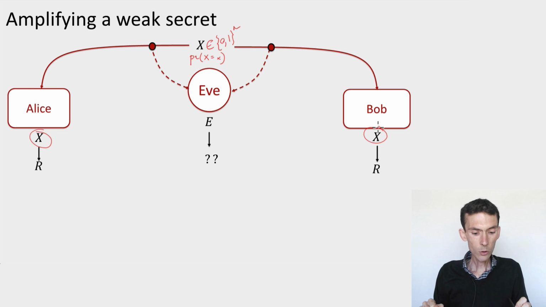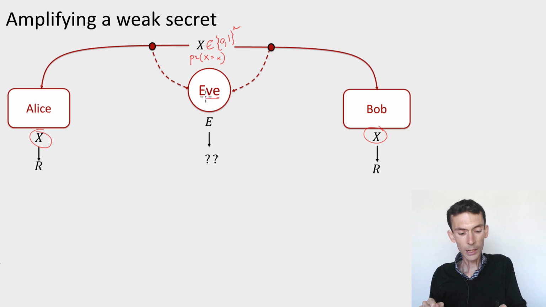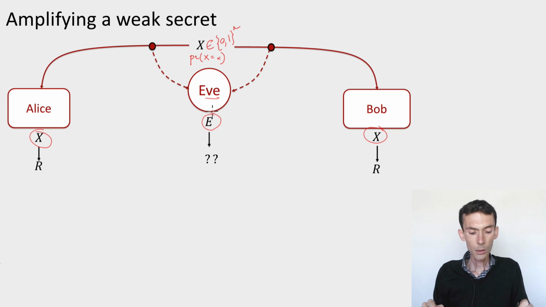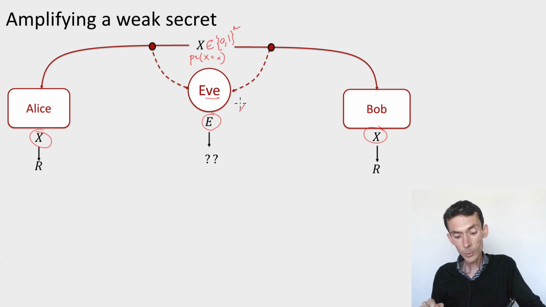It also is the case that on this imperfect private channel or public channel that's used to communicate x to both Alice and Bob, eavesdropper Eve might have been listening in and could have kept some side information about the string x. So think, for instance, that E could be the first bit of x, x1.